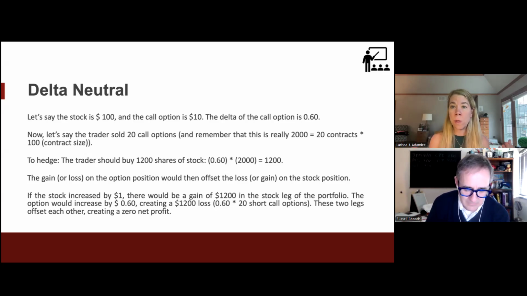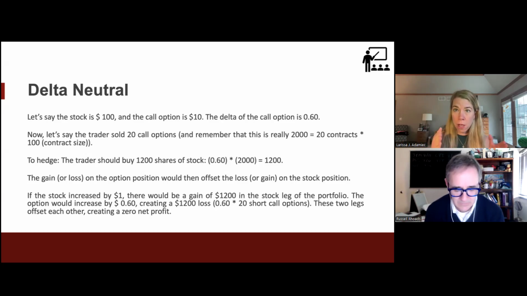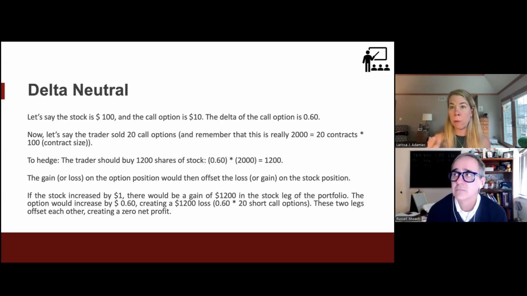Just because we put on this position doesn't mean it's going to be static for the entire life of the contract. We need to be prepared for changes within the portfolio, which gets back to my sneaky question to students: let's create a delta-gamma neutral portfolio so we can protect against delta and simultaneously protect against gamma.